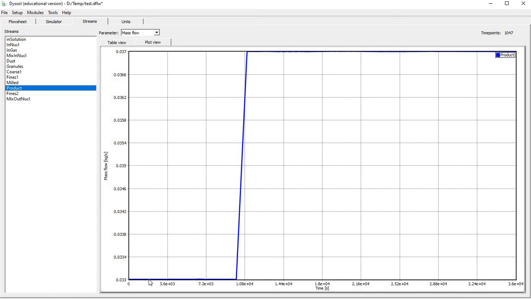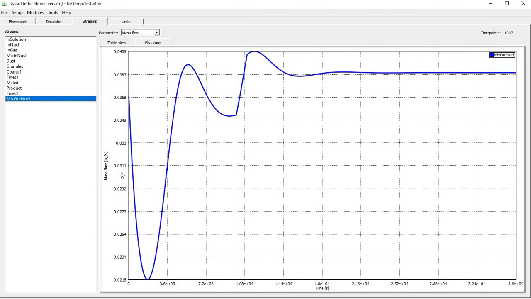So as expected, if we look at the process outlet flow of the product, until 10,000 seconds it is constant, and from 10,000 up to 11,000 seconds we have a linear increase, and later on we have again a constant flow. We can also analyze how the recirculating streams are modified in the system.